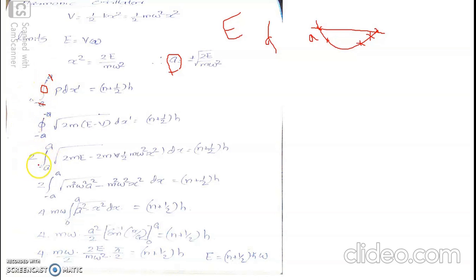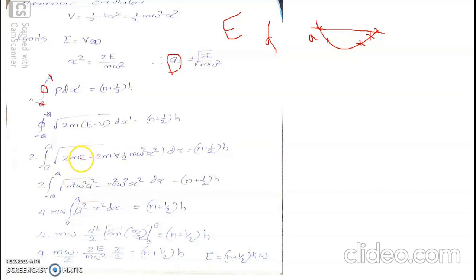So this is 2 times the integral from minus a to a of root of 2m into E minus 2m into V. Instead of V, I have put half m omega square x square dx. The right side is retained. This is now twice the integral from minus a to a, 2m into E. E from this expression is nothing other than half m omega square a square.